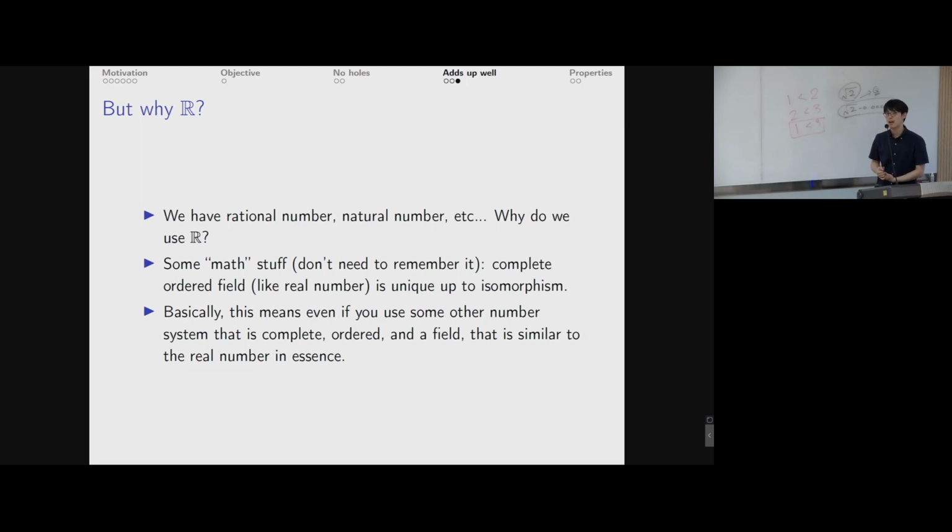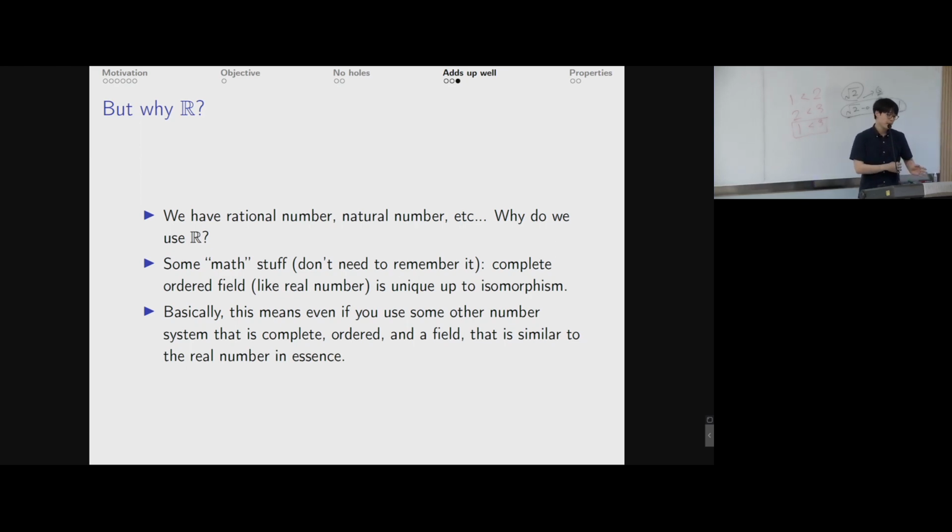I'm not going to explain what isomorphism is, so I'm just going to tell you intuitively what it means. Basically, even if you deal with some other number system that is also complete, ordered, and a field, it is in a sense just similar to the real number system, except that some notations or terms are different.